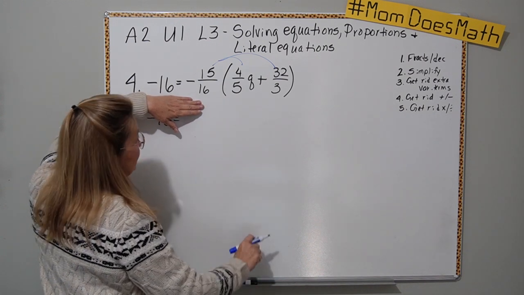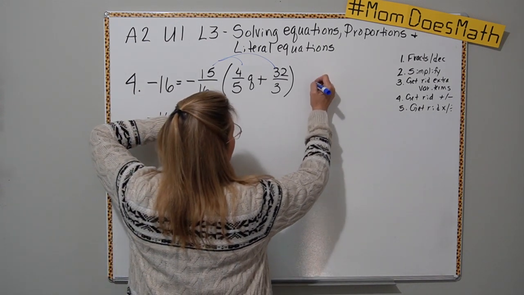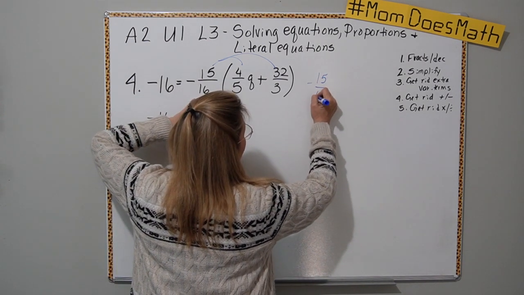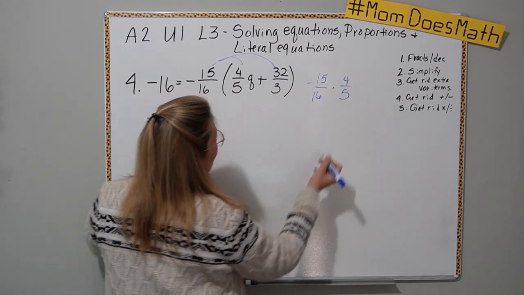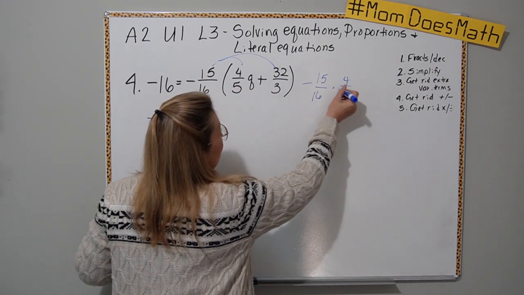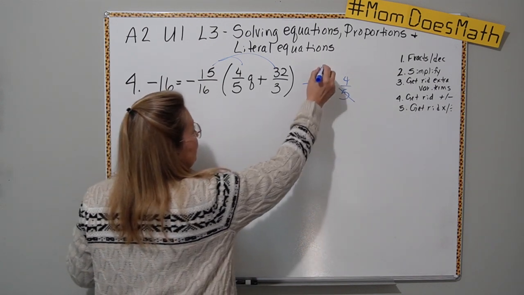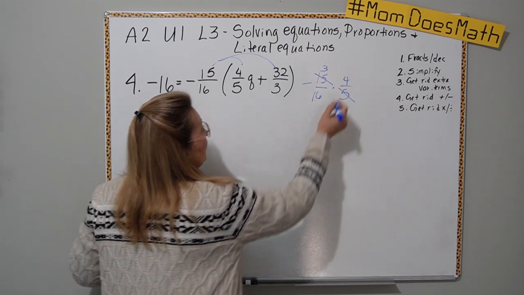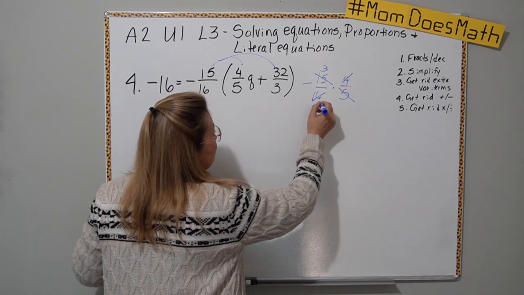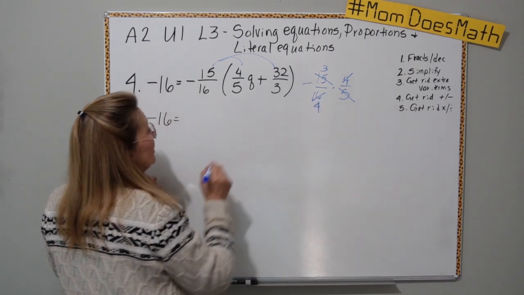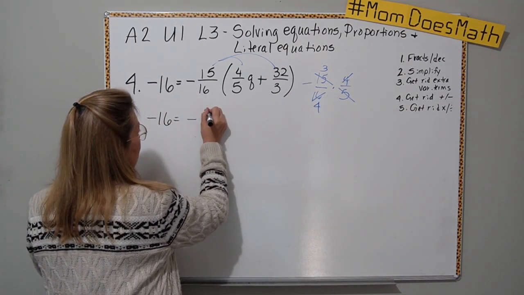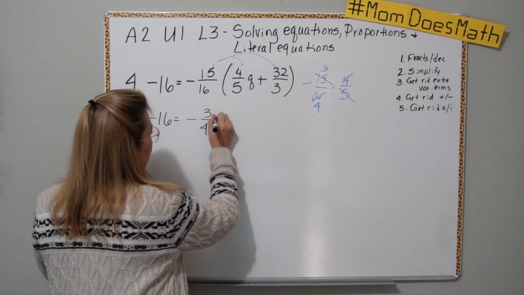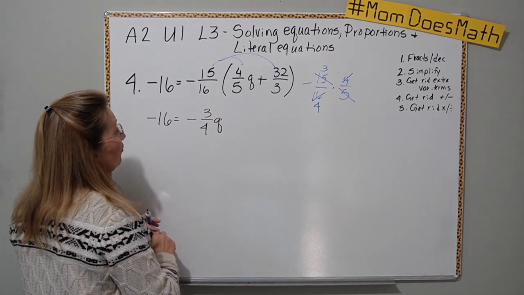Negative 15/16, your answer is obviously going to be negative, but let's do times 4/5 and watch what happens. Your 5 can cancel with the 15 and give you 3. 4 will go into 16 4 times, so now you really only have negative 3/4 Q. So that worked out real well.